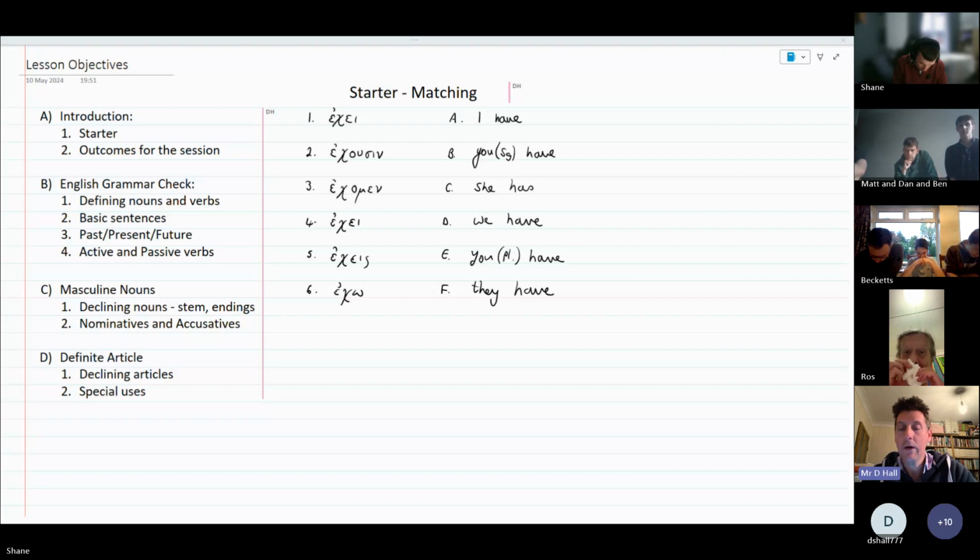So we're going to look at that as well, and that should give us enough then to really start to build up some simple basic sentences. So that's what we want to do today, and if you had a look at the starter, we'll kind of start there, just a quick match up.